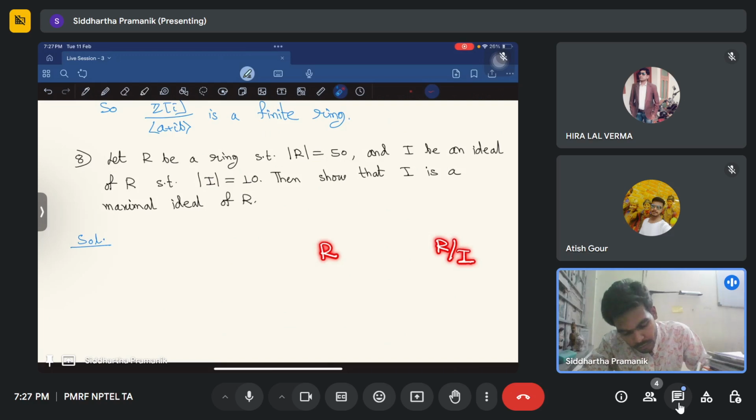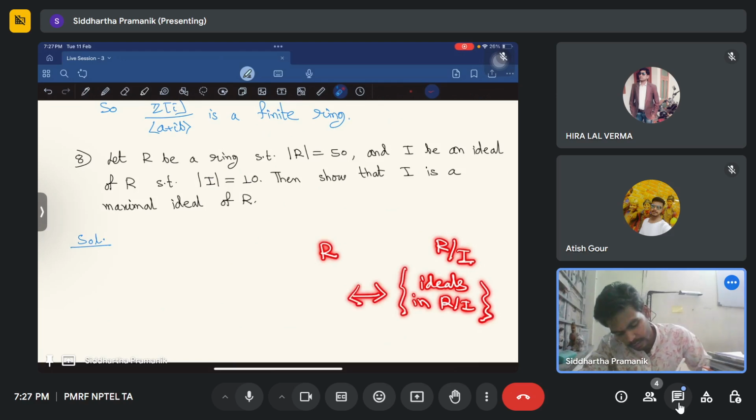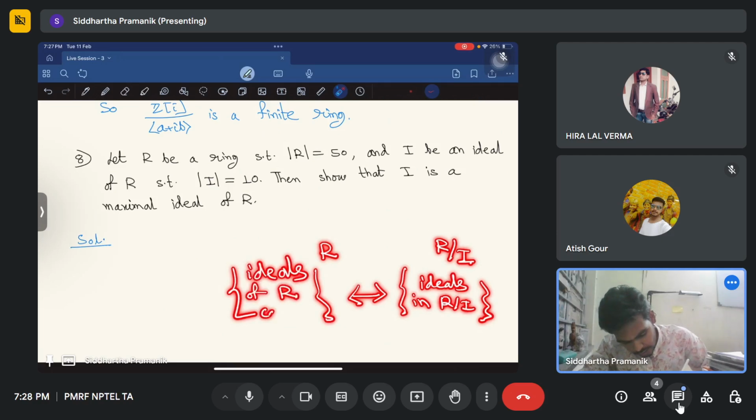Then the correspondence theorem says there exists a bijective correspondence from the set of all ideals of R which contain I, on the left, to the set of all ideals of R mod I, on the right.